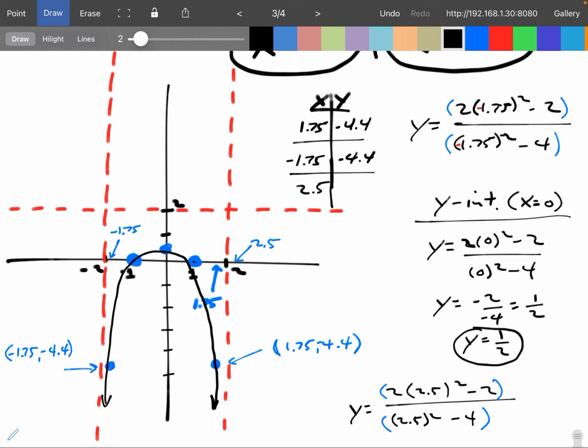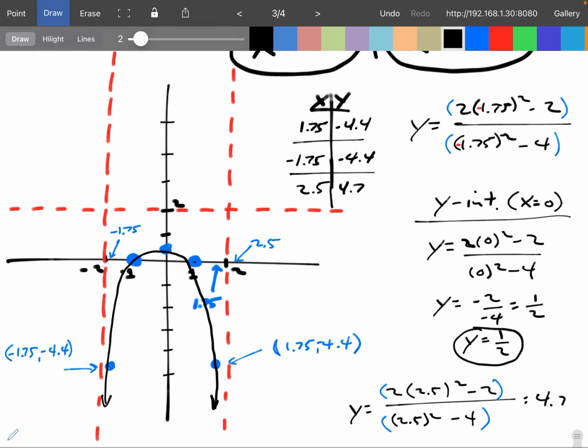And then I'm going to subtract 2. That gives me 10.5 for my numerator. And then I'm going to divide that by my denominator. In parentheses, I'm going to have 2.5 squared minus 4. And I get 4 2/3. So I get about 4.7. Okay, so this equals 4.7.